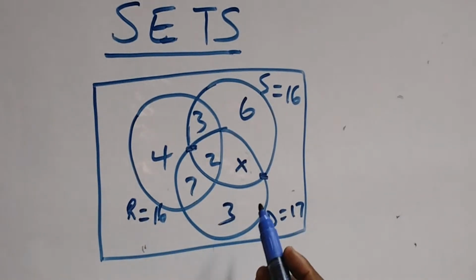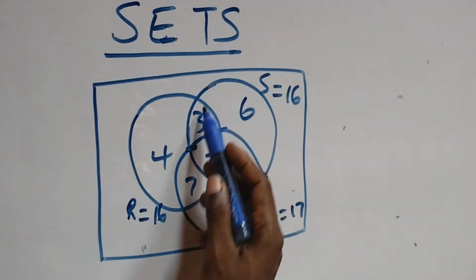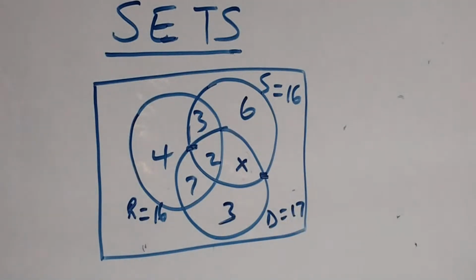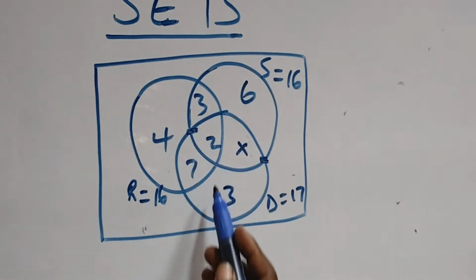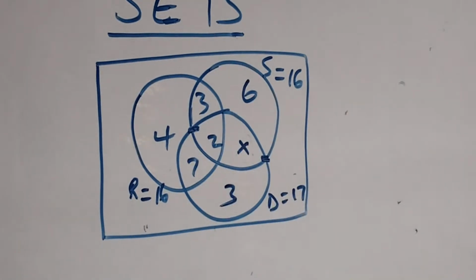So what is X? We can get X since everything in swimming is 16. So add it together, subtract from 16. 2 plus 3, 5. 5 plus 6, 11. So 16 minus 11, that's X, and that's 5.